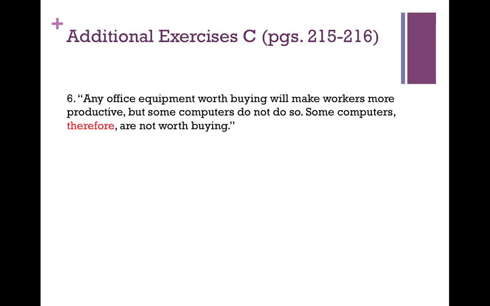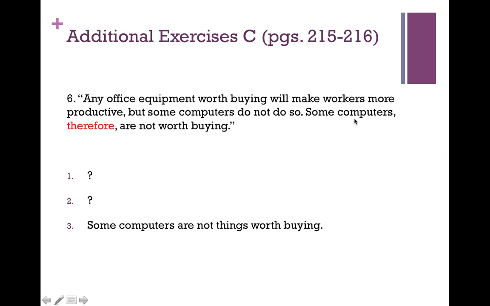And look how we have this indicator term right here: therefore. So we know that the conclusion is going to be some computers are not things worth buying. Now, if you look at what it says up here, it just says computers are not worth buying. But we have to name a class in the predicate term. So, I'm going to give you a heads up.